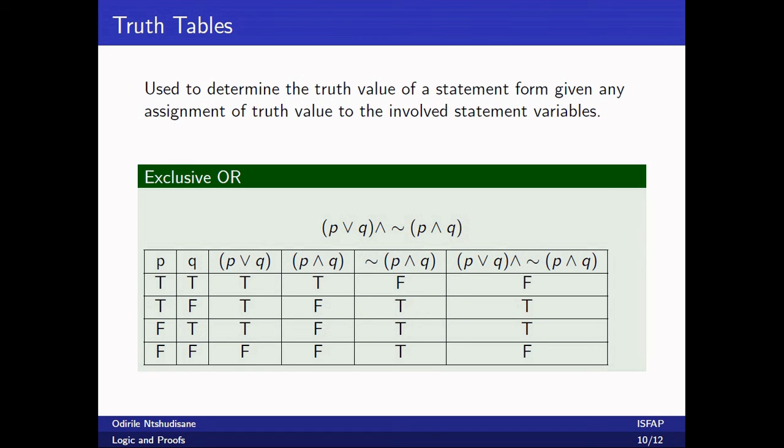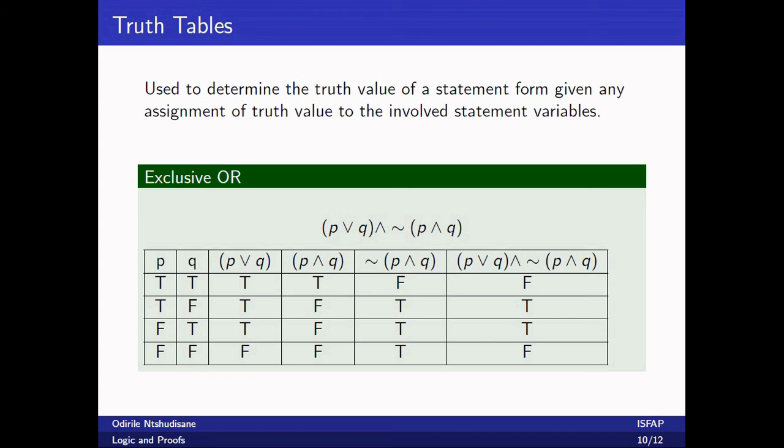That is the statement form P or Q and not P and Q, involving the statement variables P and Q. Filling in the table, starting with the truth values true for P and true for Q, we have that P or Q is true and P and Q is true.